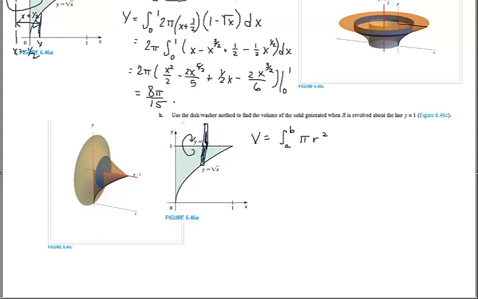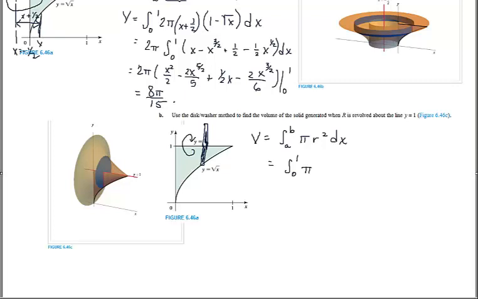pi r squared, and seeing as I'm revolving it about this y equals 1, I would integrate with respect to x. So integrating with respect to x, that would be from 0 to 1, pi.